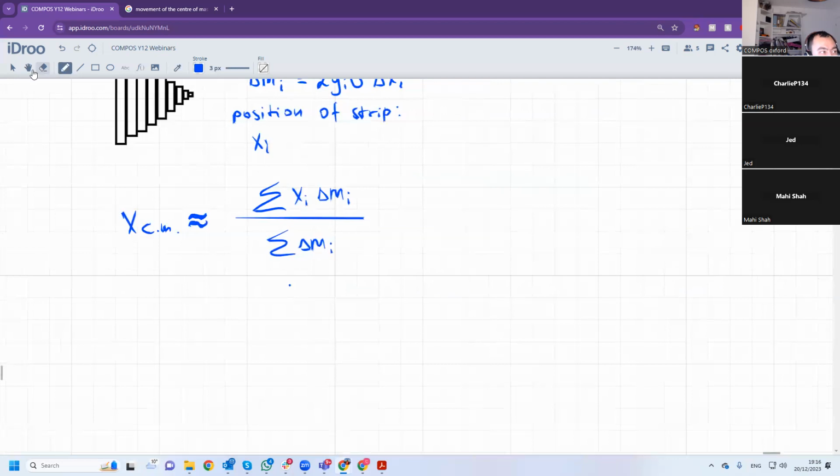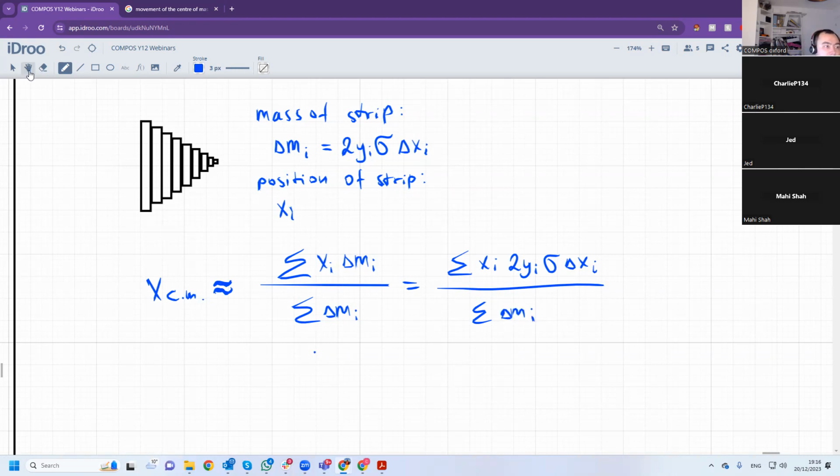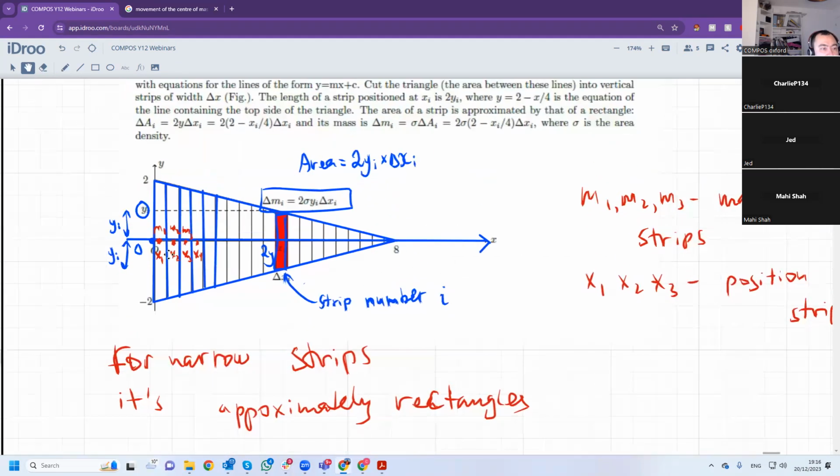Now, I will substitute delta mi with this, and it becomes the sum of xi multiplied by 2yi sigma delta xi over the sum of delta mi. But this y, of course, depends on x.